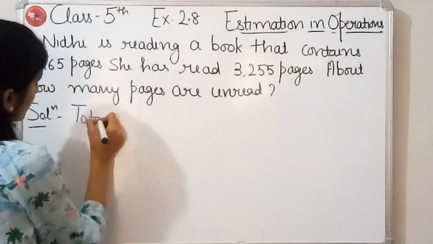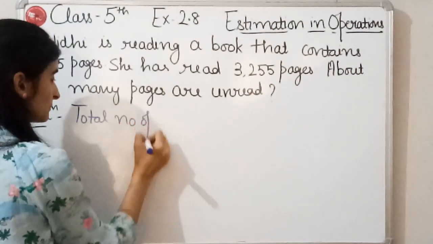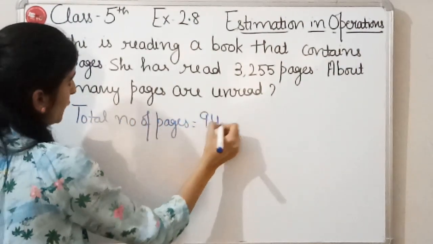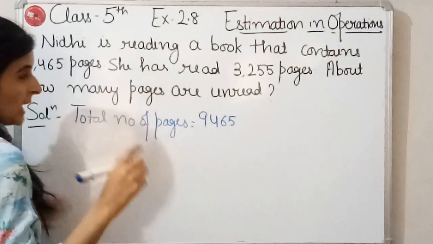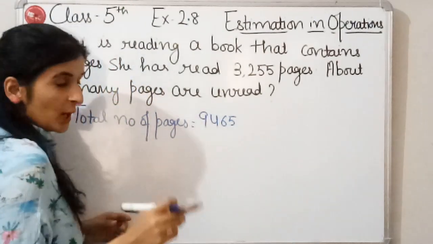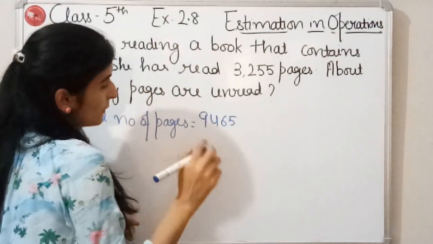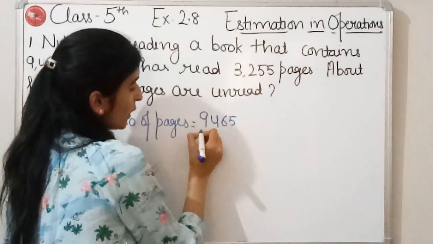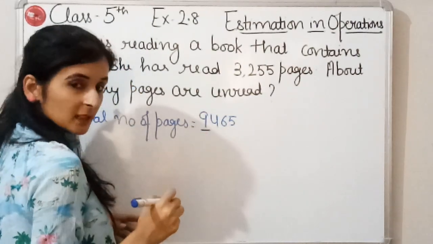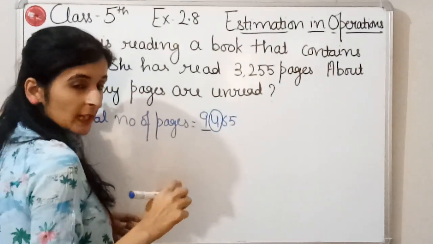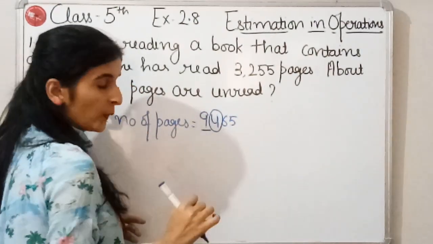Total number of pages are 9465, and if I round off this number to nearest thousand, so first of all we will see which digit is there on thousands place. On thousands place there is 9. Then we will highlight the digit which is on its right, that is 4.